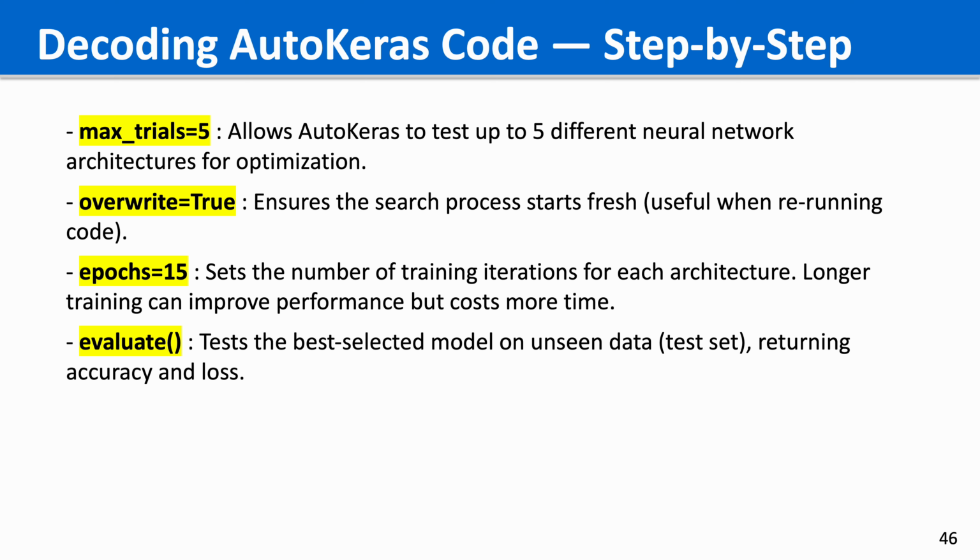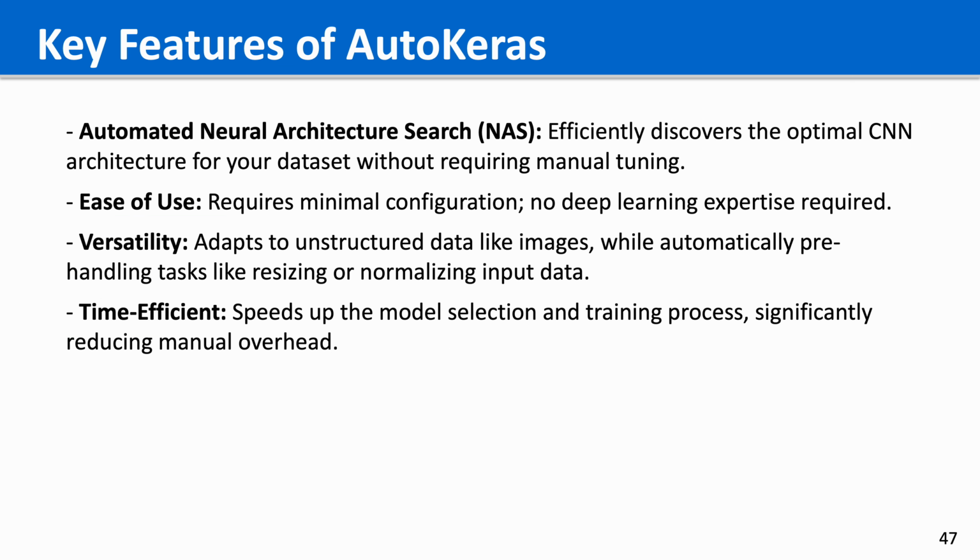Epochs is the number of training passes for each candidate network. More epochs give better convergence, but obviously cost more time. Finally, the evaluate function returns loss and accuracy on unseen data, giving you an honest report card. Think of these settings as the dials you turn to balance speed against performance.